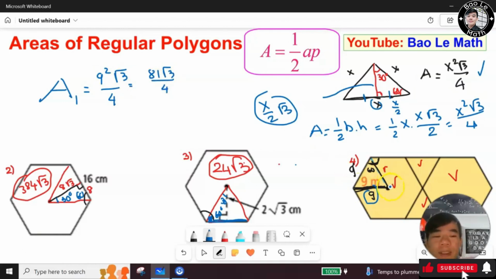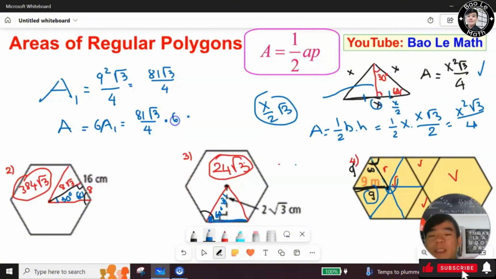Now, since we have 6 equilateral triangles, I call the area of the whole hexagon right here A. So A equals 6 times 81 root 3 divided by 4.